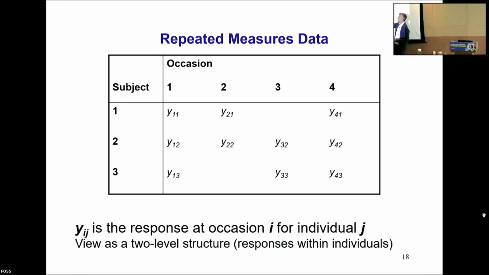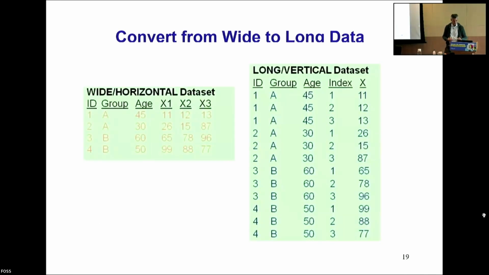Say the difference between time 1 and time 2 is 1 year, and between time 2 and time 3 is 2 years. That also is not a problem for a growth curve model. So it's a very flexible model. But what we do need to do is to transform our data from the wide format to a long format.